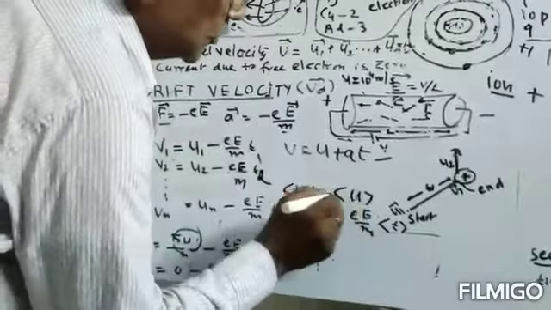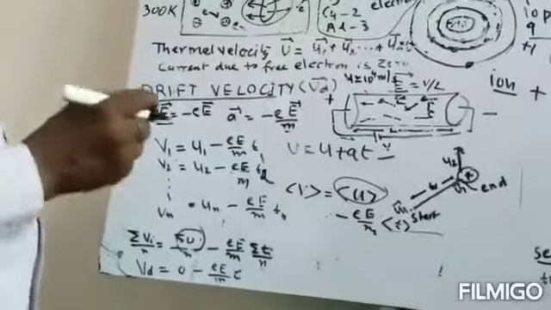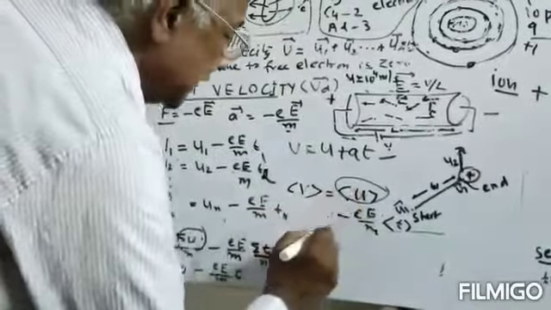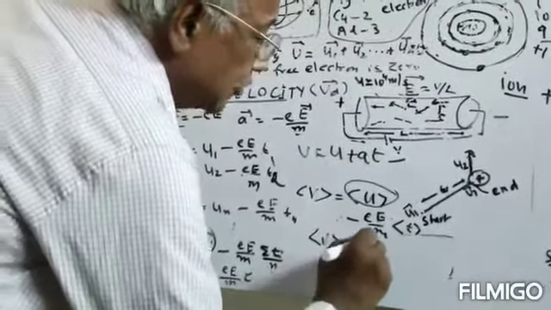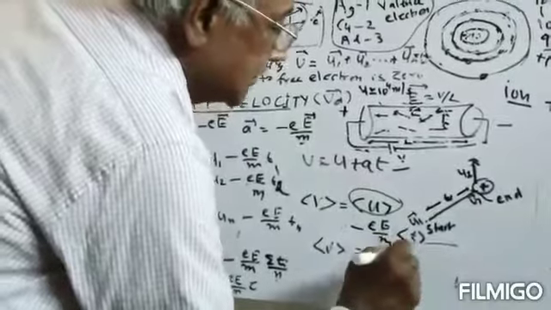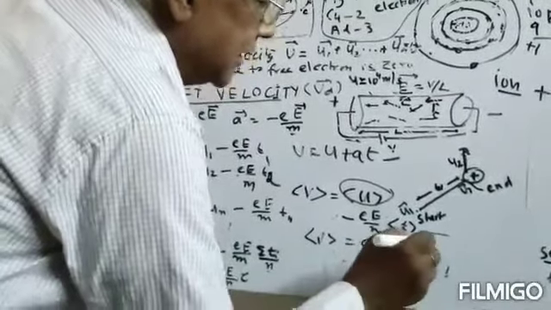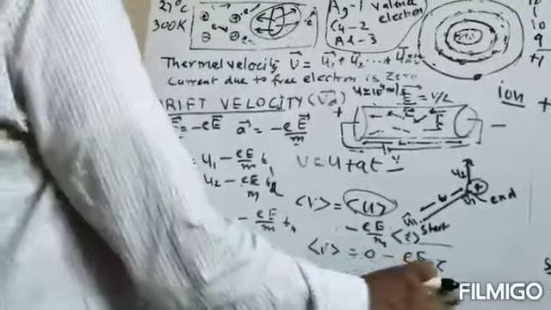Now we know that the mean value, or the vector sum, of U is 0. So average U is equal to 0. So the average value of V will be equal to 0 minus e capital E by m, and this time is known as the relaxation time tau.